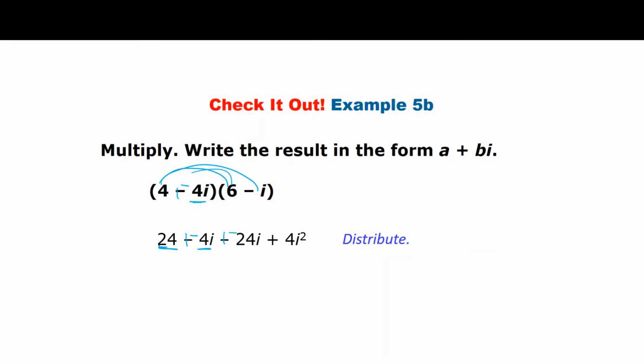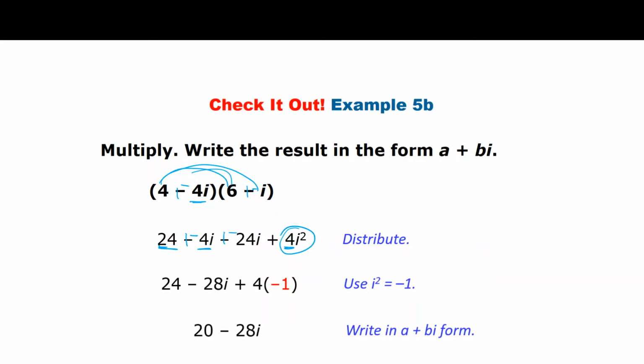And then -4i times a -i is +4i squared. All right, so there it is. And next we're going to remember that i squared is equal to -1. So let's get this piece filled out and fixed. And now 24 plus a -4 is going to be 20 minus 28i.